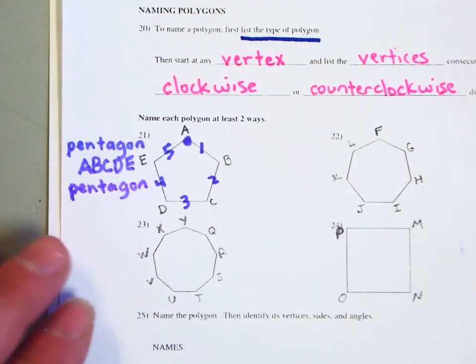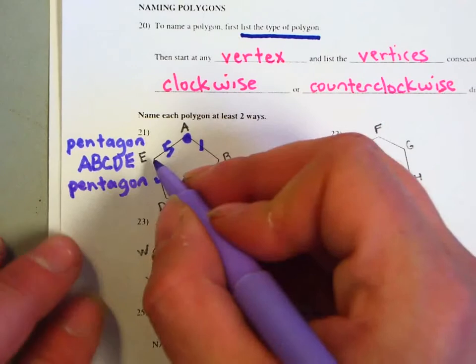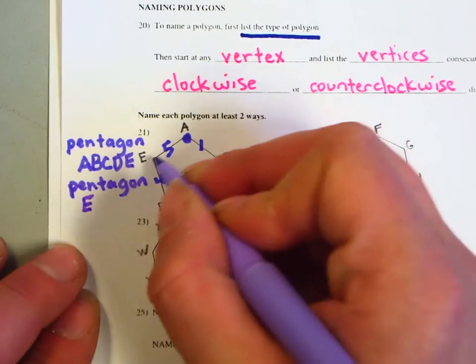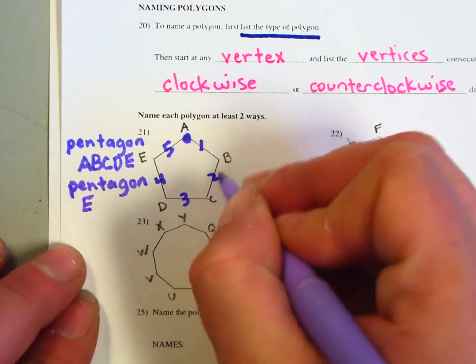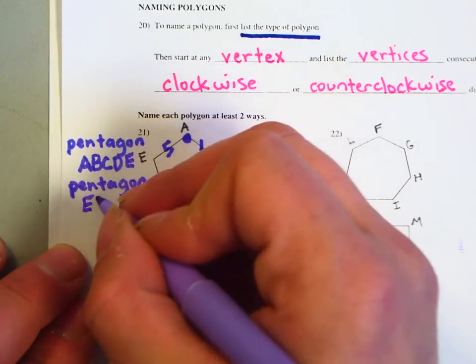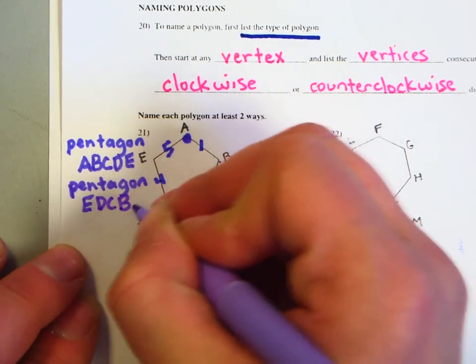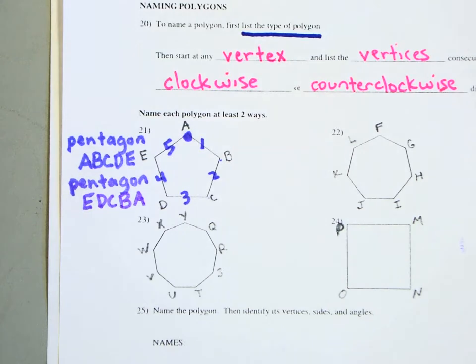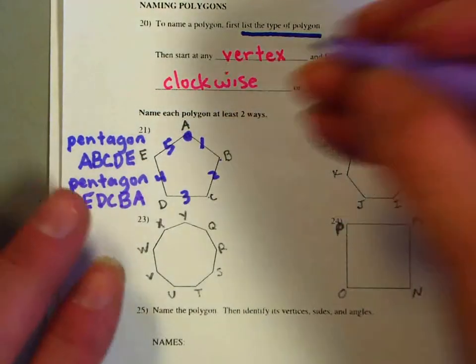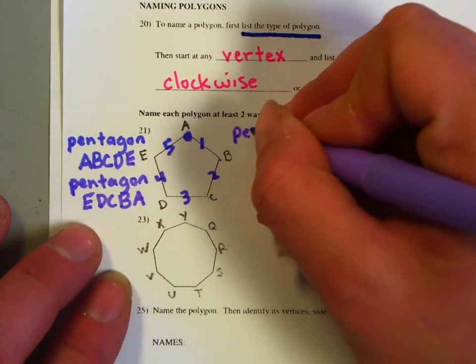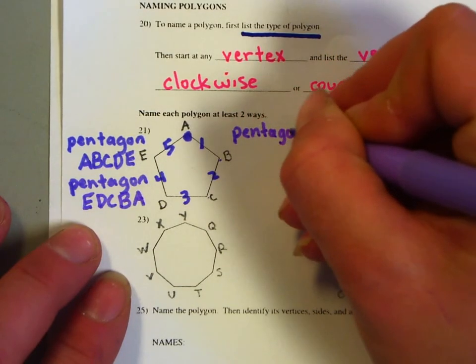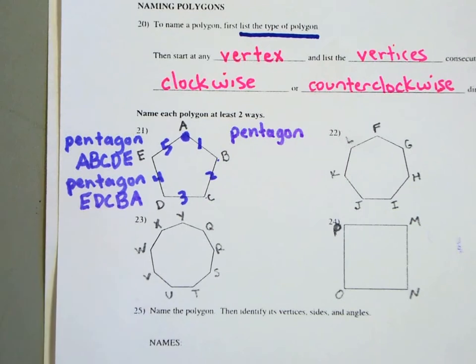Now I'm allowed to go counterclockwise, so I could start at E and say E, D, C, B, A. So we would read this as pentagon E, D, C, B, A. I'm allowed to start at any vertex I want.